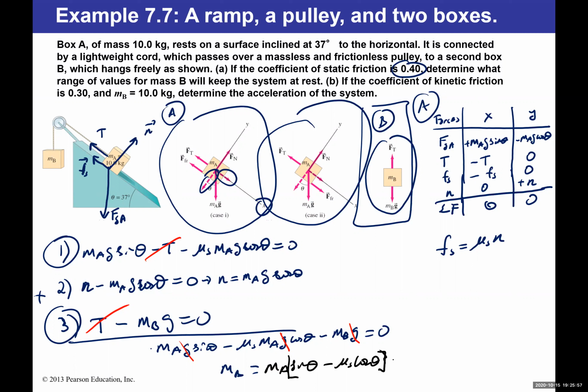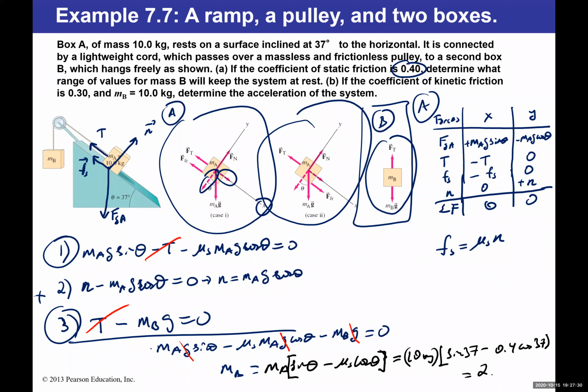Okay. So then if I take this and plug in and calculate, remember it was 10 kilograms for the mass of A, times sine of 37 minus 0.4 times cosine of 37. Okay, and try to calculate that.